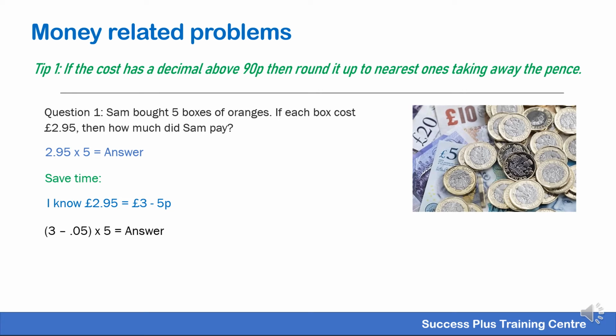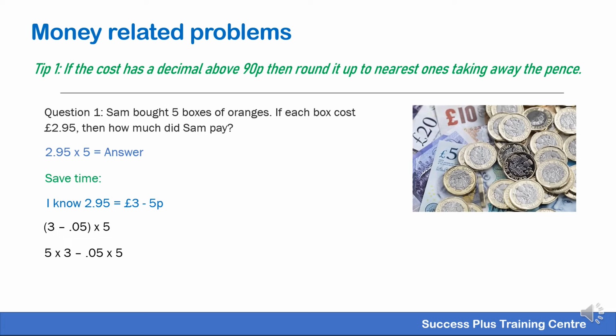Whenever you replace a value by a new value or a formula, you should always use brackets. This will also be applicable in algebra. In our case, we're going to open a bracket, 3 take away 0.05, close the bracket, times 5, and that should replace the value 2.95 times 5.